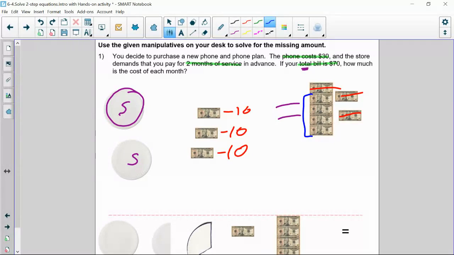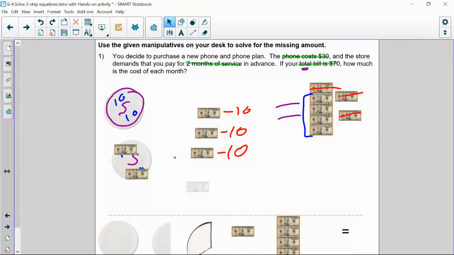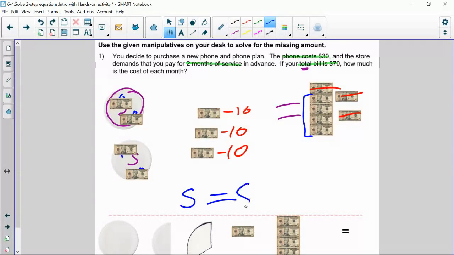If I had to split it up, I would put a 10 here, a 10 here, a 10 here, and a 10 there, to make it that is each the same. We have our 10s floating here. So how much does each month of service actually cost? We're going to say 20 bucks here. So S equals $20 for each month of service.